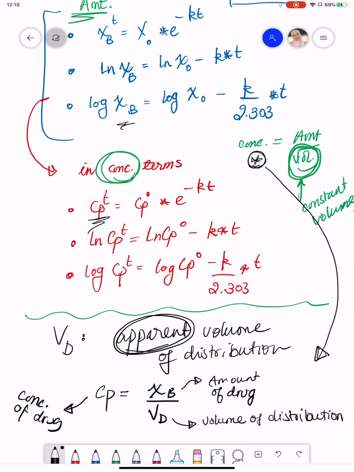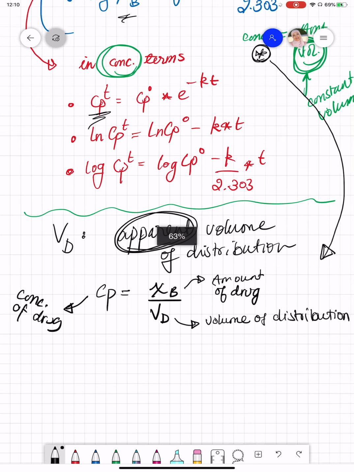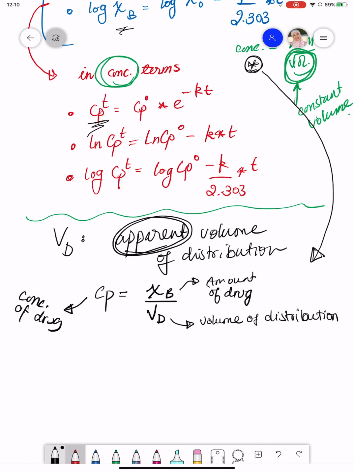So if we look at this, we can notice that the volume of distribution is giving me a relationship between the concentration measured and the amount of the drug in the body. That's why it's a proportionality constant, whose purpose is just to relate the concentration that is measured in the systemic circulation and the amount of the drug in the body at a certain time.